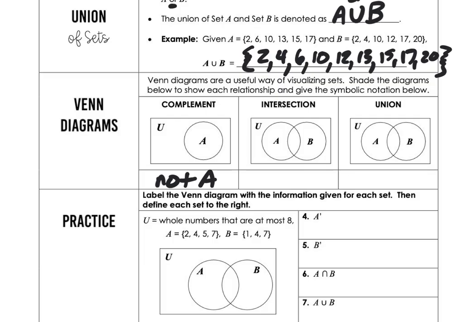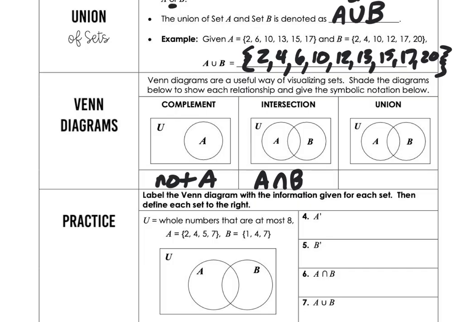Okay, an intersection. If I have A intersection B, if I use classes again, okay? If I said, what students are in geometry and band? So maybe circle A represents students that are in geometry.